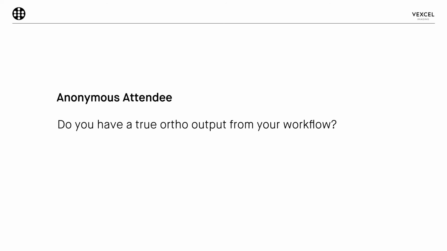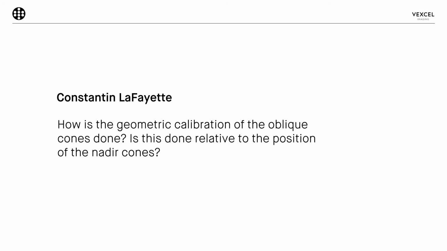Good. Thank you. How is the geometric calibration of the oblique cones done? Is it done relative to the position of the nadir cone? Bernhard, I would love to forward this question to you. Each of the camera cones is calibrated in terms of all the interior parameters. That is true for the nadir camera cones and the oblique cones.